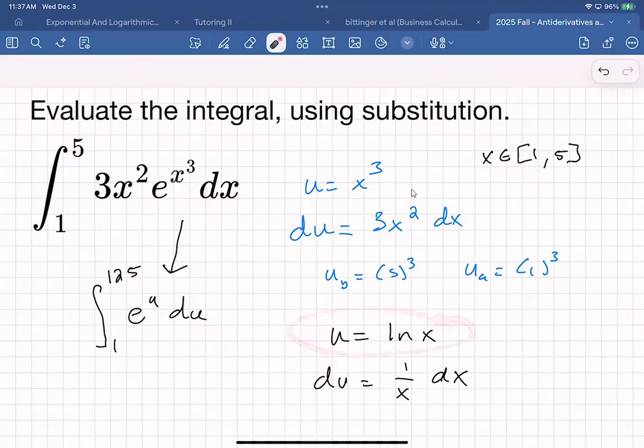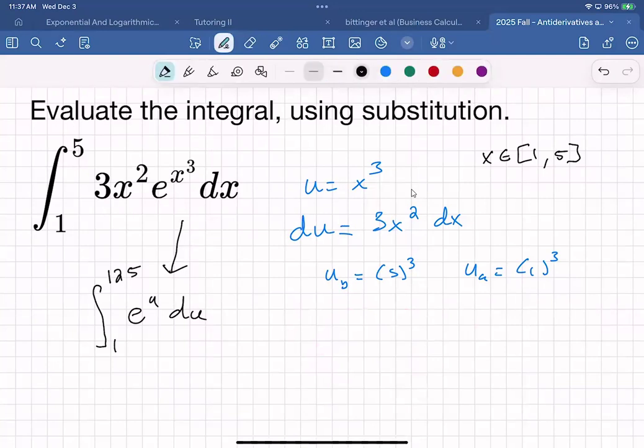So that's why I say just kind of pay attention. You forget, no big deal. But what we'll see here is that would give us e to the u from 1 to 125. So e to the 125 minus e. Keep in mind, I just made this up for that specific instance.